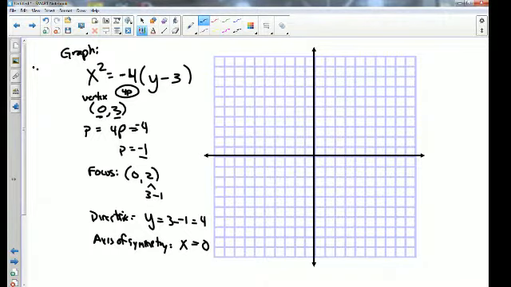So the vertex is 0, 3, right? The focus is 0, 2. The directrix, y equals 4. Right. And then the axis of symmetry is x equals 0. Boom.